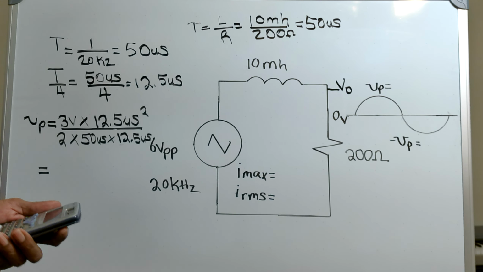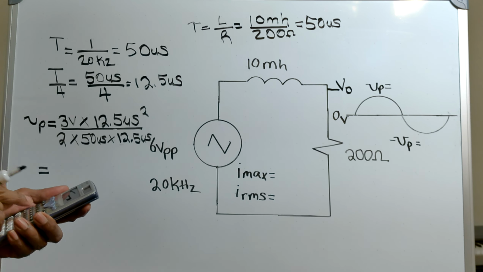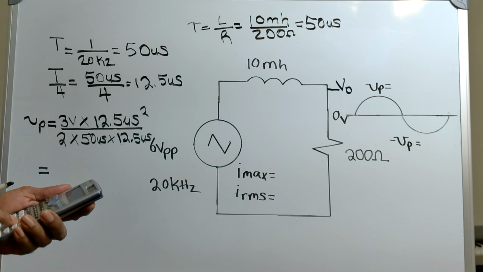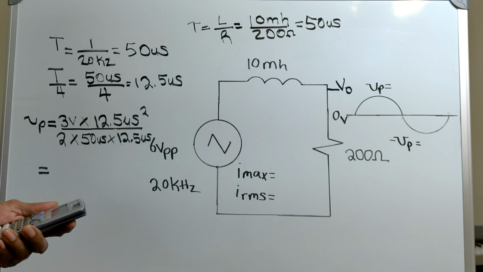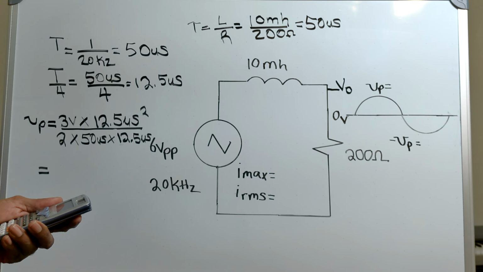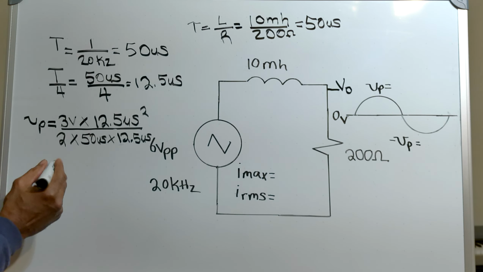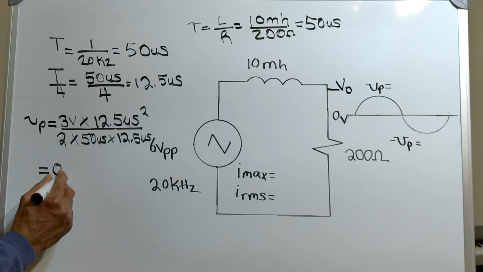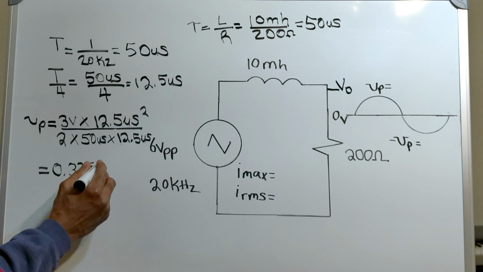Equals, and this gives me 375 millivolts, or 0.375 volts.